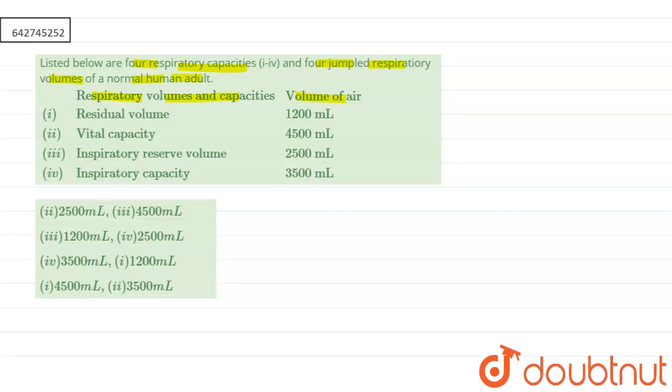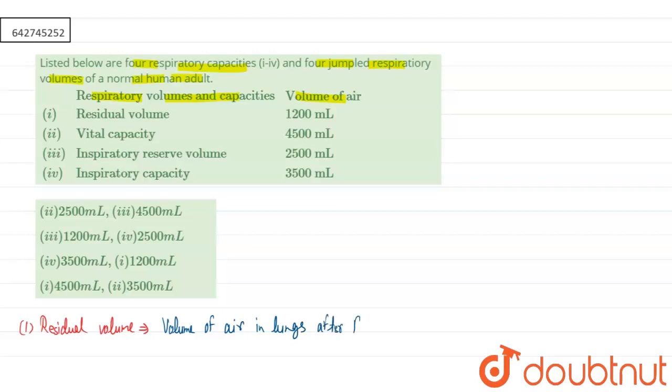If you are talking about our first term, that is our residual volume, what do we mean by the residual volume? It is the volume of air that remains in the lungs even after forceful expiration.